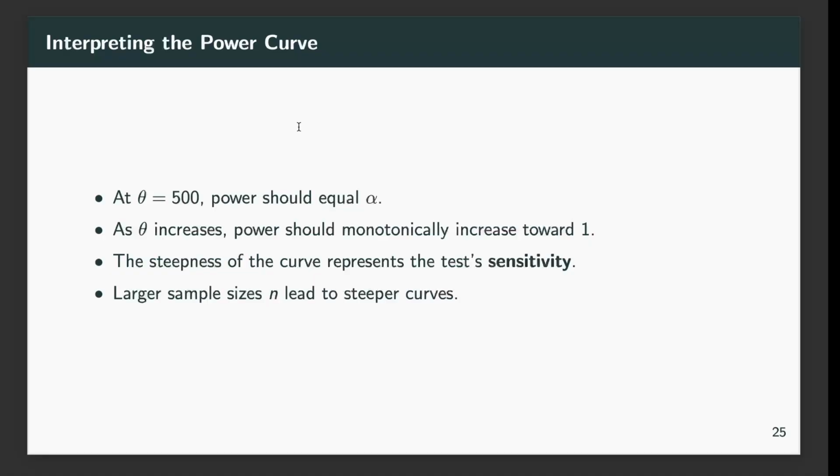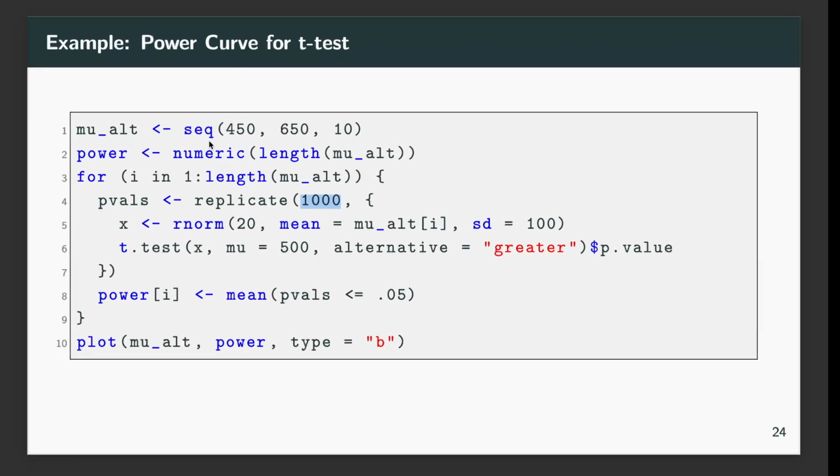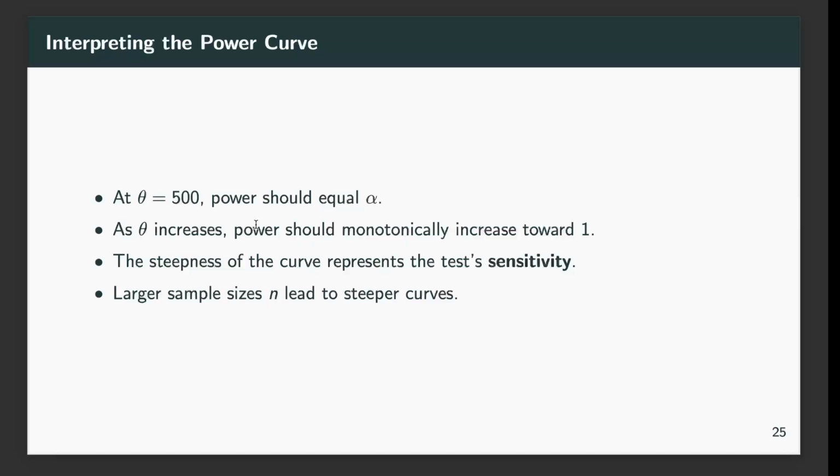And the last point is that a larger sample size will lead to a steeper curve. For example, just now we used n equal to 20, for each of the samples. But if you increase, let's say from 20 to 100 in the simulation, the power curve will be much steeper.